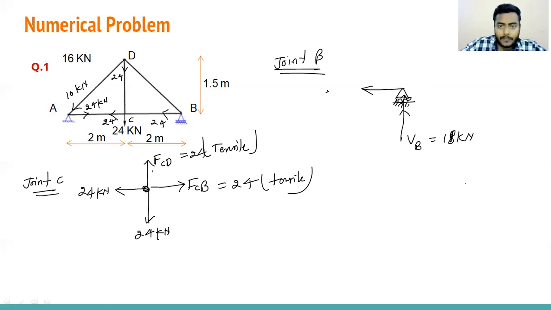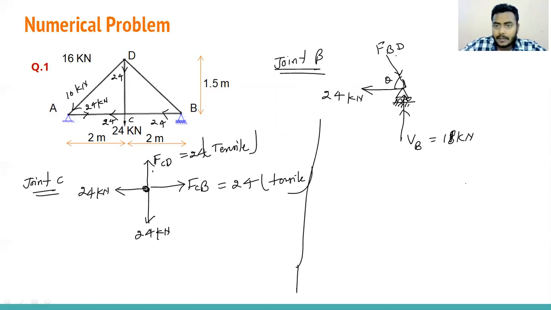This was 24 tensile. Obviously, this will be compressive FBD. So this theta will be the same. Okay. So what can we get here? So apply.